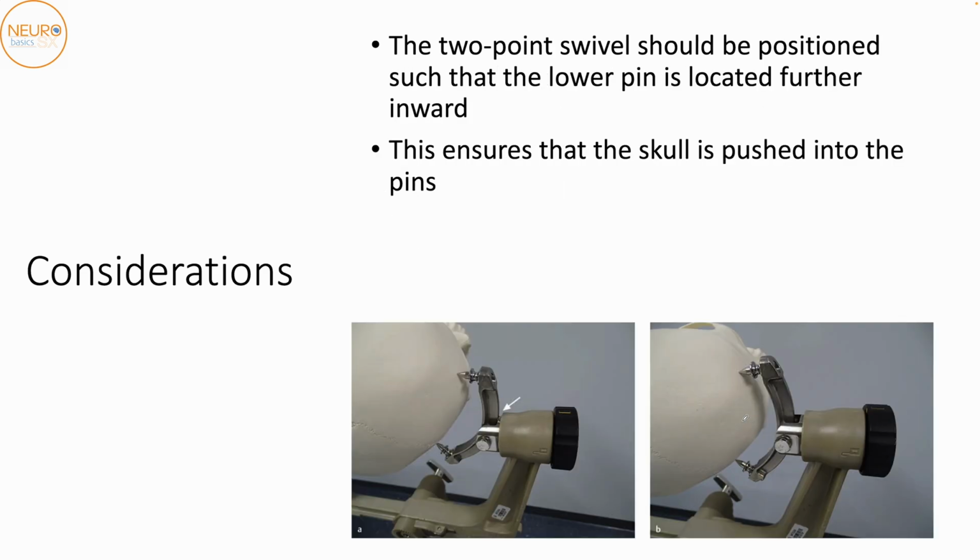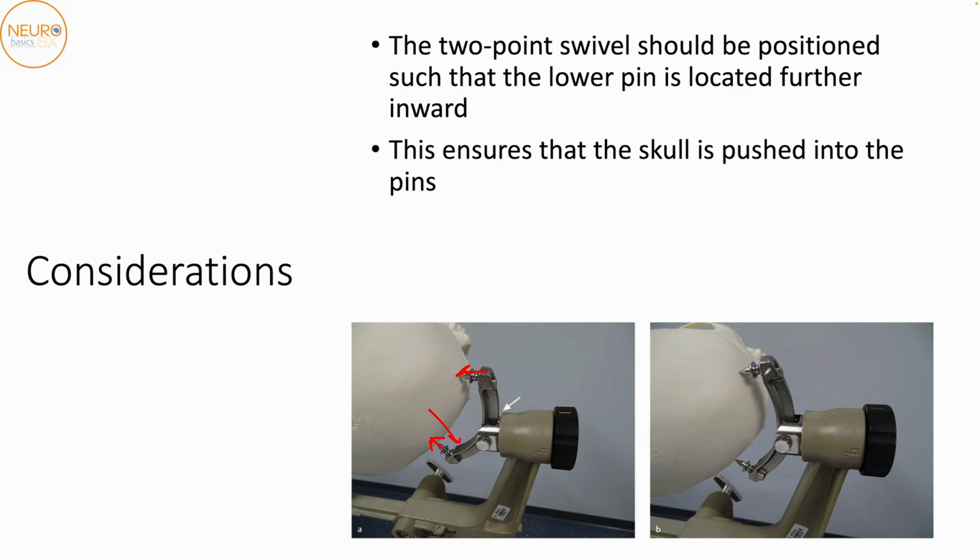Another thing we would like to do is that when it comes to the 2-pin swivel on one side, the pin which is lower down should be placed more inside. It should be located further inward than the pin which is higher up. This ensures that whenever you are applying pressure, the skull will be pushed into the pins.